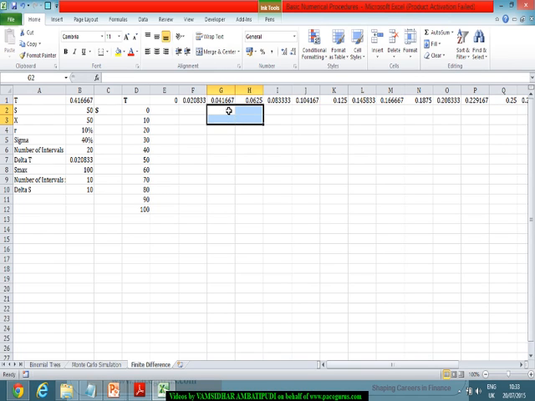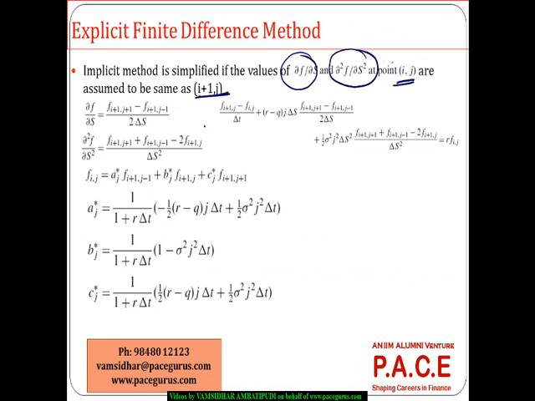Then we get a slightly different expression. Doing the same steps, f i j comes out to be based on f i plus 1 j minus 1, f i plus 1 j, f i plus 1 j plus 1.